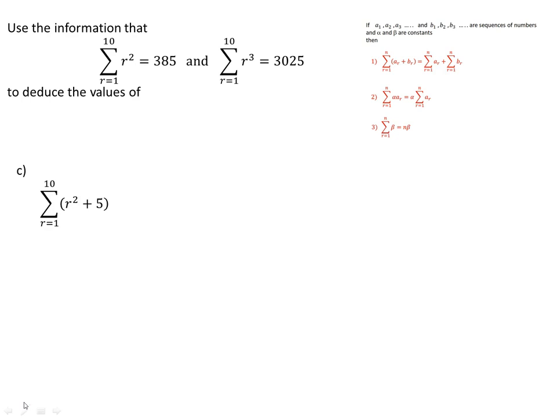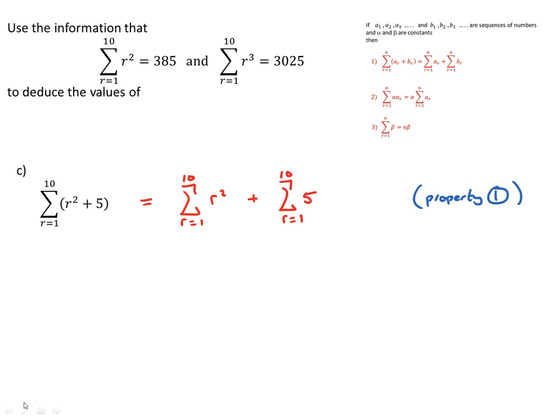The sum between r equals 1 and 10 of r squared plus 5 is, first of all, using property 1, the same thing as the sum between r equals 1 and 10 of r squared plus the sum between r equals 1 and 10 of 5. The sum between r equals 1 and 10 of r squared we know is 385.